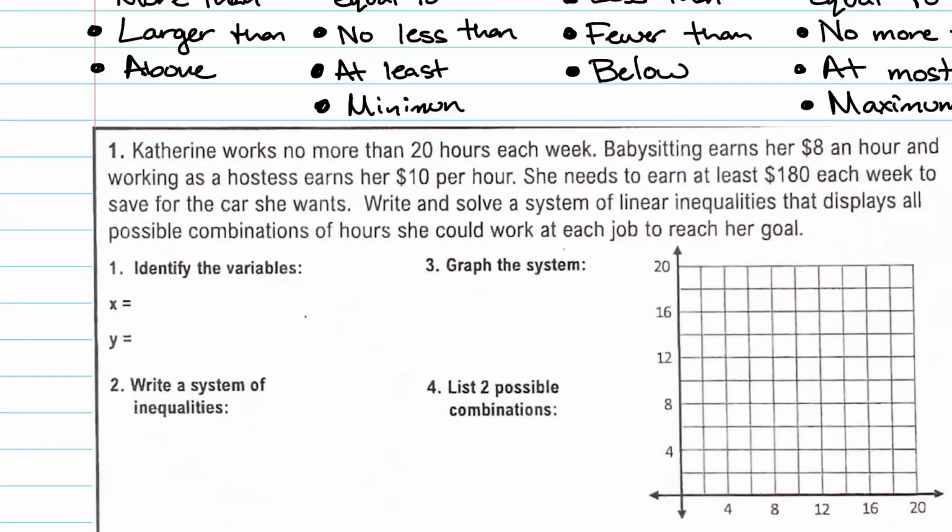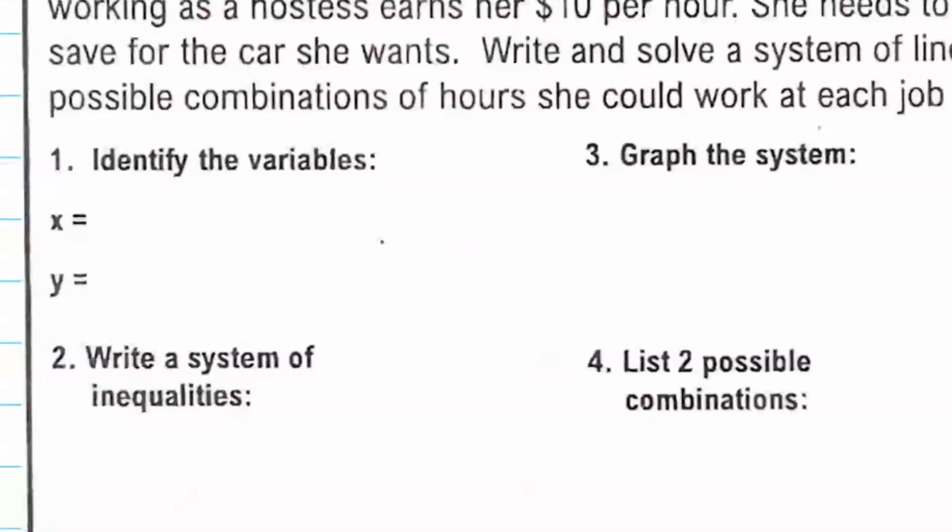What I don't know is how many hours she's going to work as a babysitter as opposed to how many hours she's going to work as a hostess. So I do know the number of hours. I just don't know the number of hours in what job, right? So I'm going to go ahead and start off by saying let X represent the number of hours worked as a babysitter.